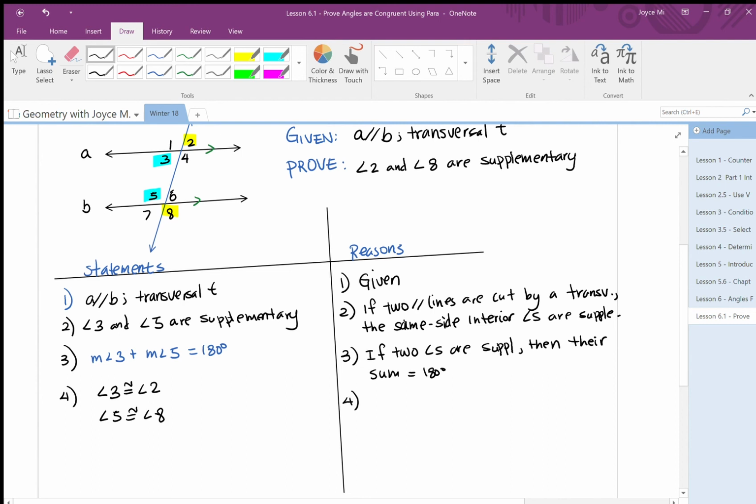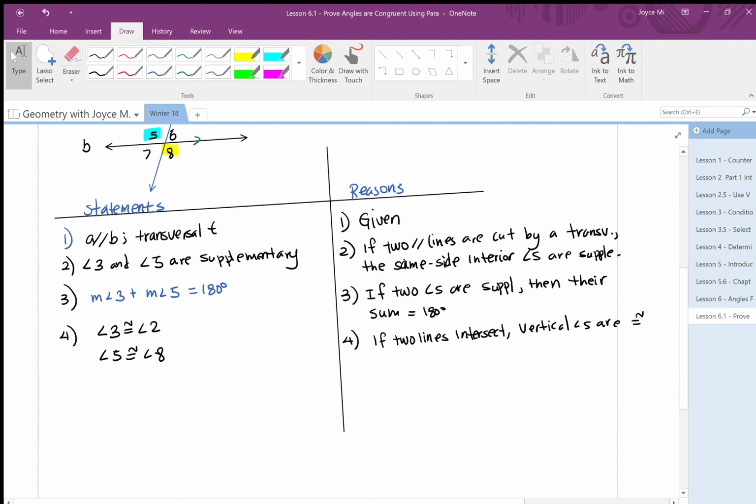So we say, if two lines intersect, vertical angles are congruent. Okay, so now again, I want to have the measurements. So congruent angles have equal measures. So next thing I could say, number 5, the measurement of angle 3 is equal to the measurement of angle 2.